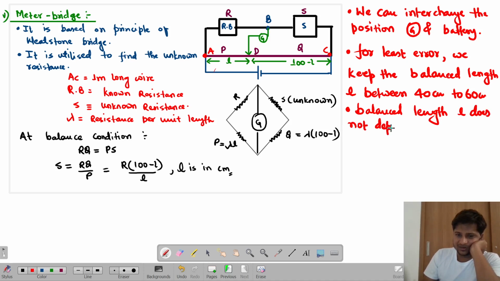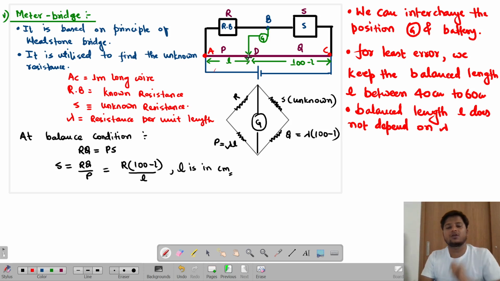Third point, the balance length L does not depend on lambda. This balance length over here will never depend on this lambda.